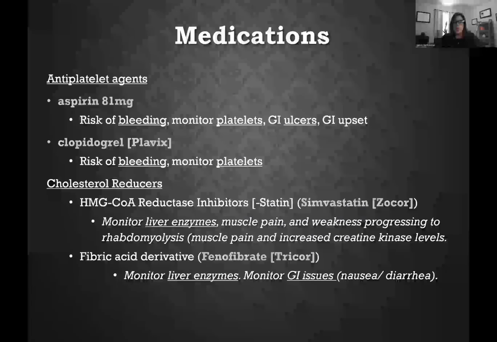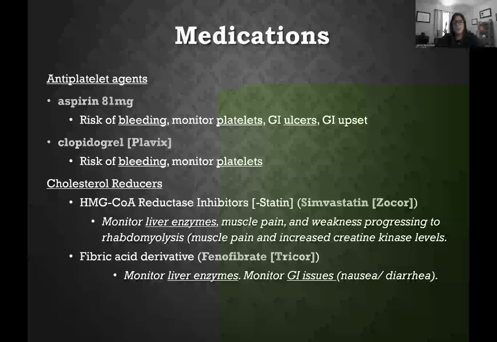Pretty much what these antiplatelet agents do is prevent platelets from sticking and forming a clot. The other one is clopidogrel, commonly known as Plavix. Again, it's an antiplatelet, so it prevents platelets from aggregating and sticking to each other.